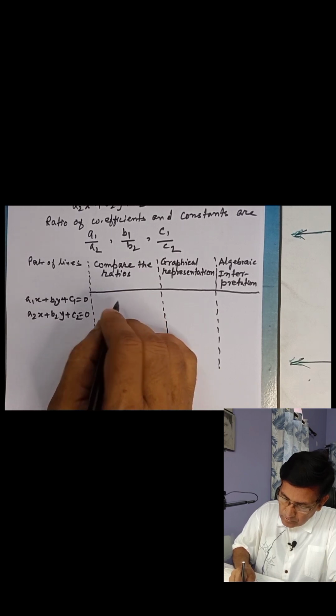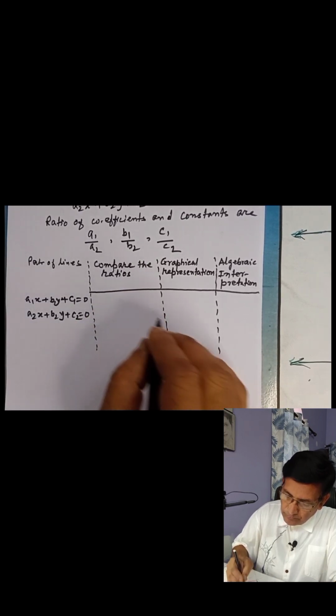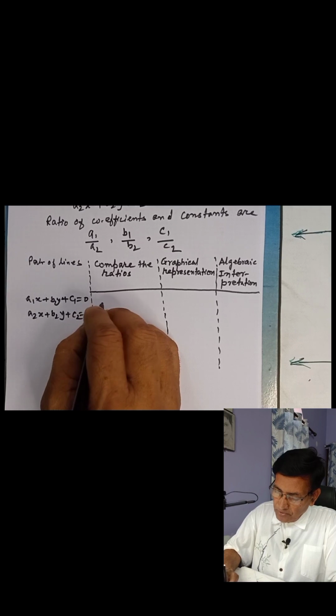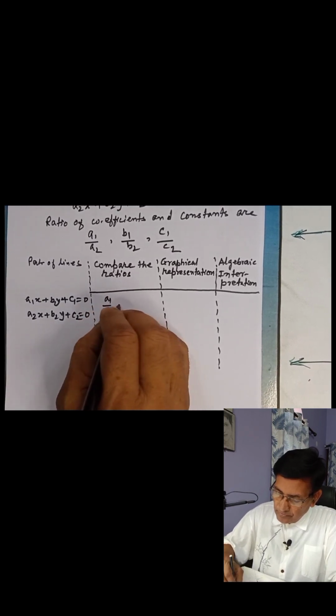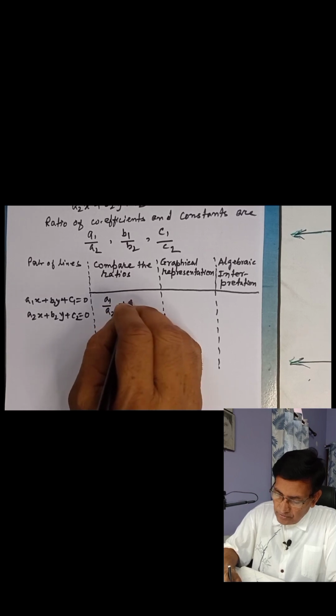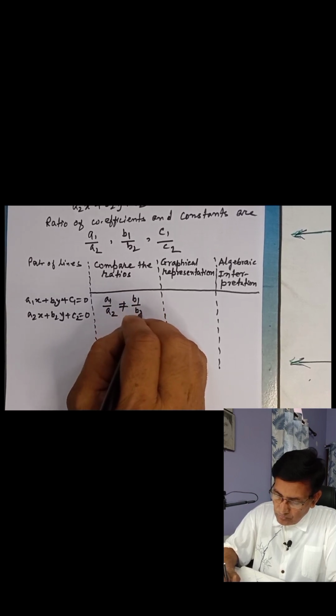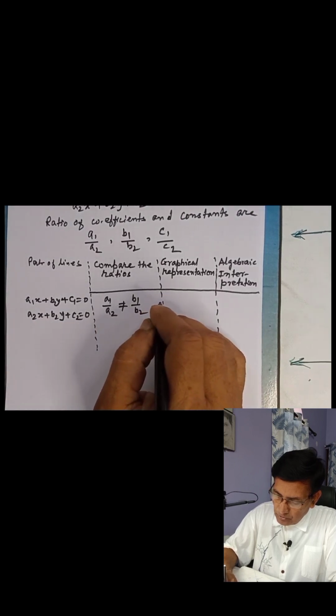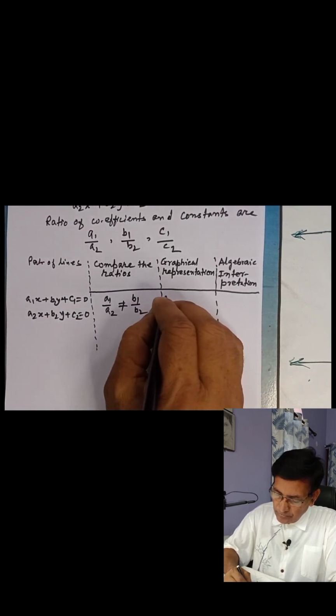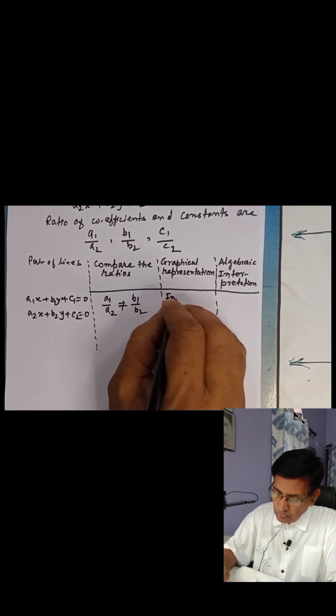Compare the ratios. In the first case, a1 by a2 is not equal to b1 by b2. Then the lines are intersecting.